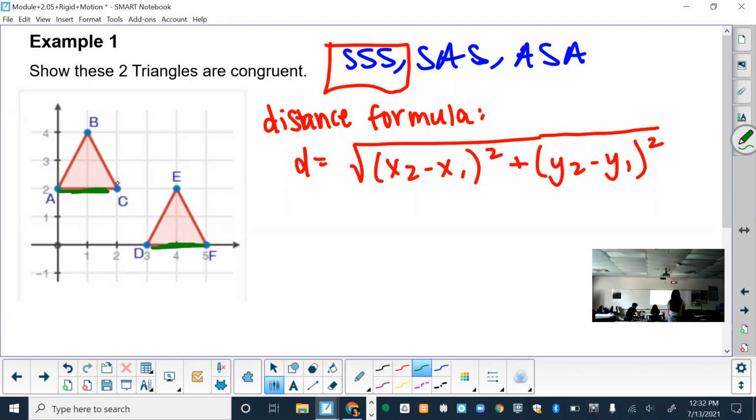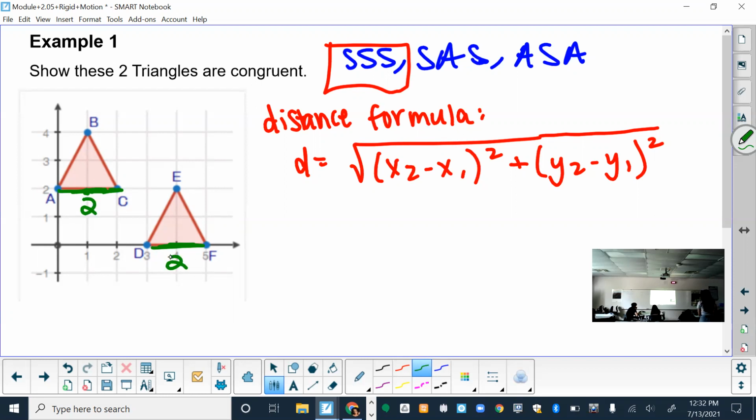How many points away? All right, if I'm going from 0 to 2, what's the difference between them? 2. All right, so side AC is easy to read.